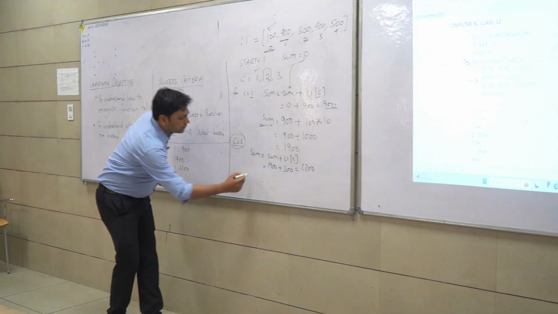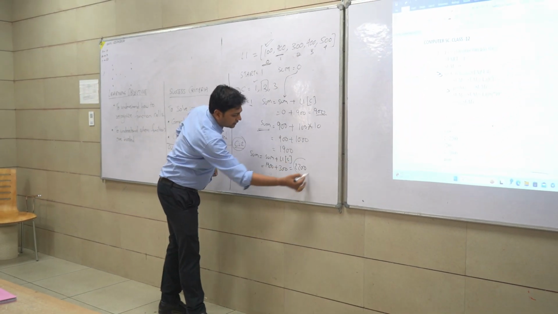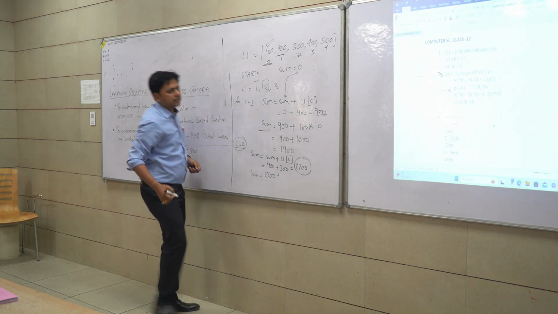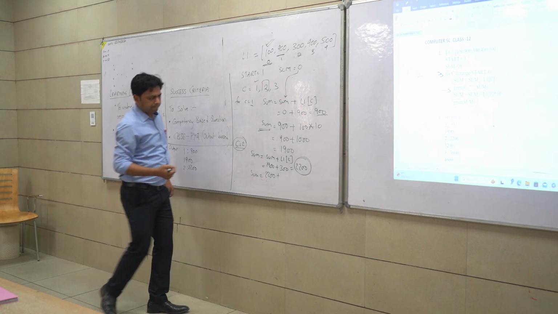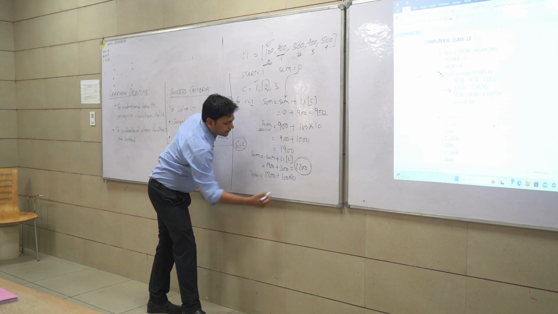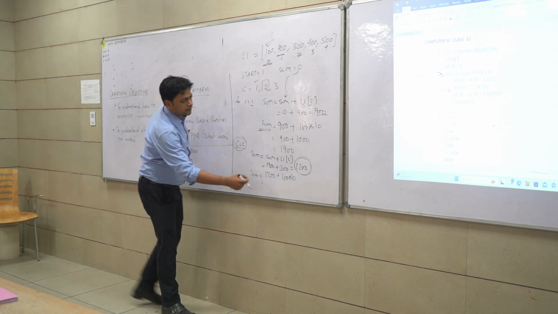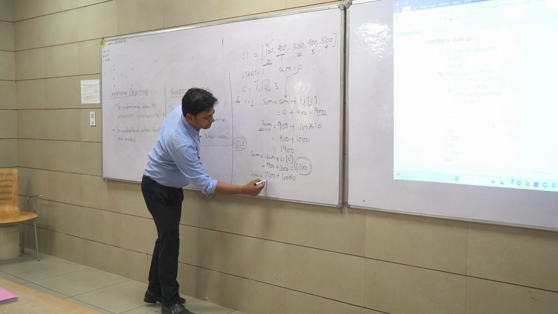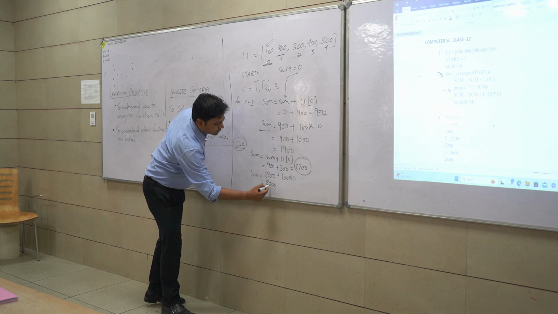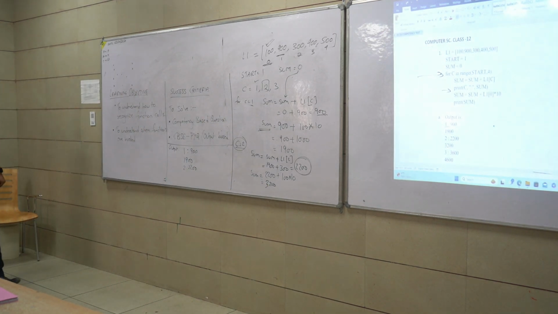So the new value of sum will be equal to the present value of sum, 2200, plus 100 into 10. What do you get as the result? Say once again. 3200. Got it? Is that clear?